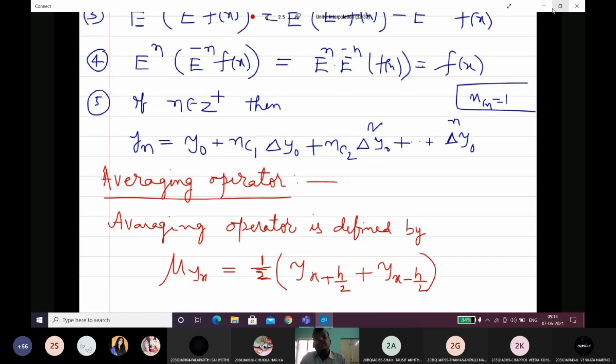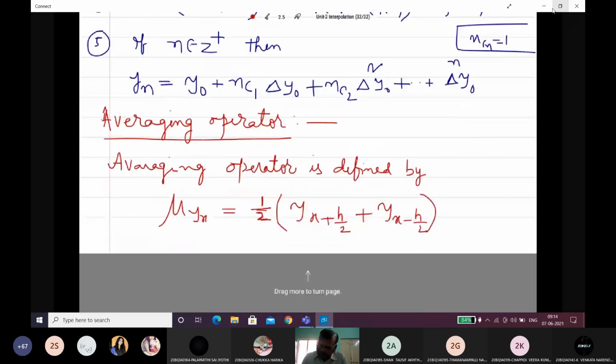Or in the form of f of x, mu of f of x is equal to 1 by 2 into f of x plus h by 2 plus f of x minus h by 2.